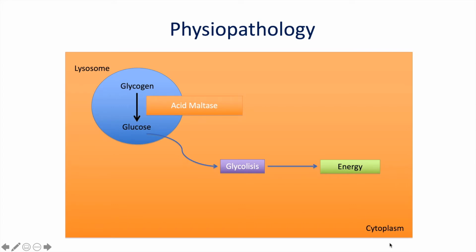So in normal conditions, what alpha-glucosidase does is metabolize glycogen to glucose. This glucose goes out of the lysosome to the cytoplasm, where it enters the glycolysis process to obtain energy for the cells.